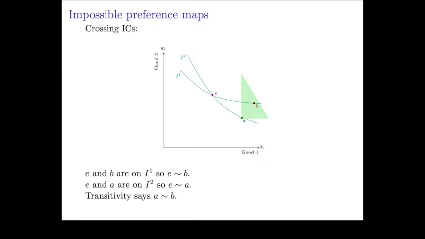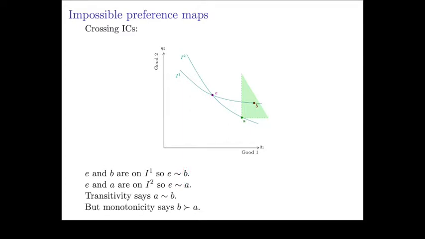Remember that we've assumed that preferences are transitive. That means that since E is indifferent to B and E is indifferent to A, these two have to be indifferent to one another. So the consumer is indifferent between A and B.